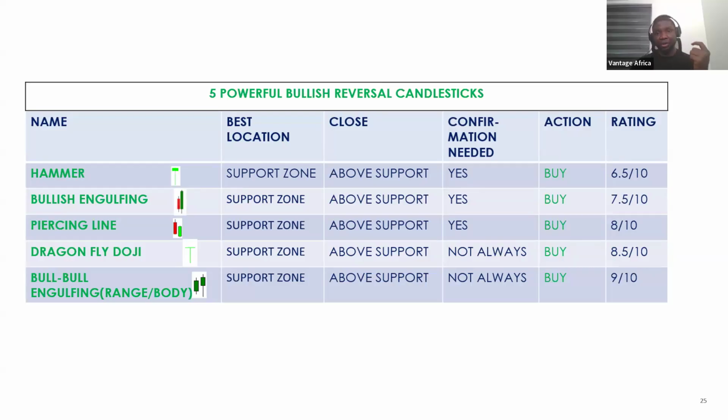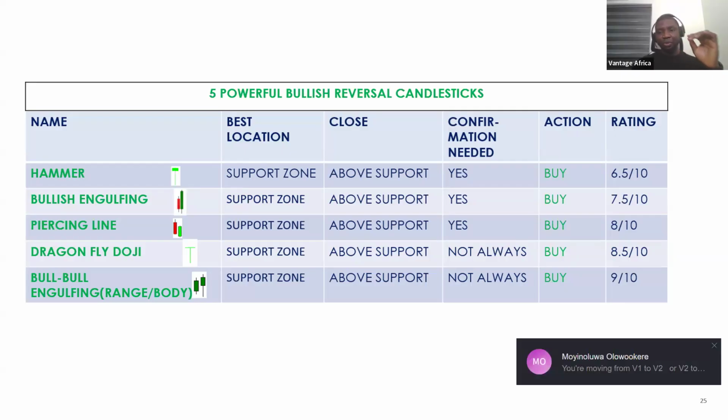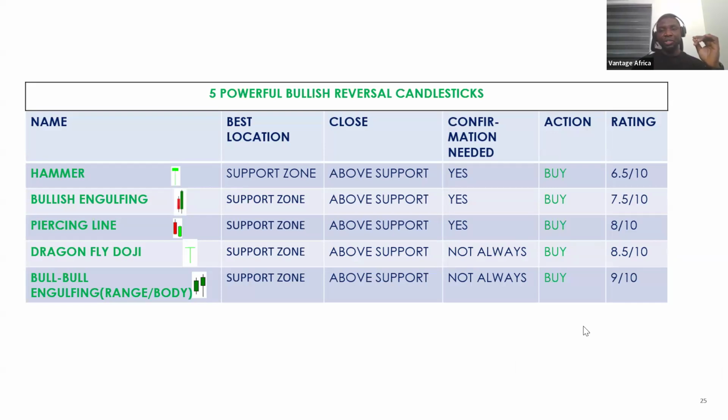Indecision because you really don't know what to do with it. What decision would you make with that candlestick? You can't make any major decision because it's not clear where it's likely to go. It could go either way.